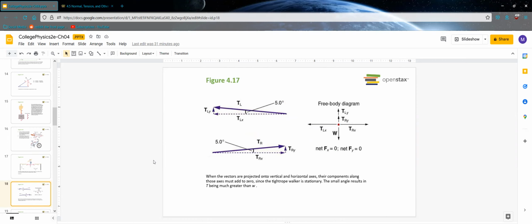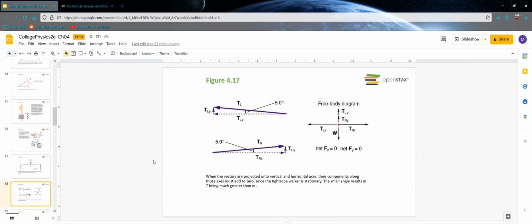I can't remember the word now. Oh, Lord. Break it down into its TLX and TLY, TRX, TRY, right? So you have an X and a Y component to the left and the right side of the rope. Then you put those into your free body diagram, throwing them in the correct locations.